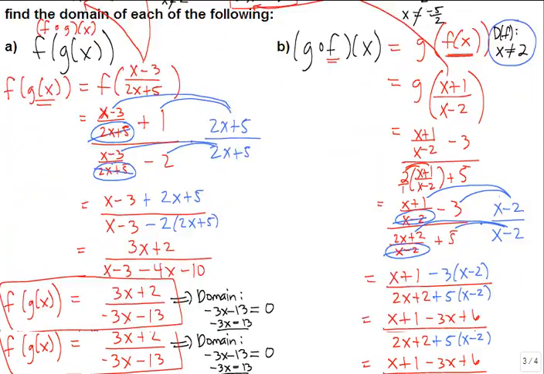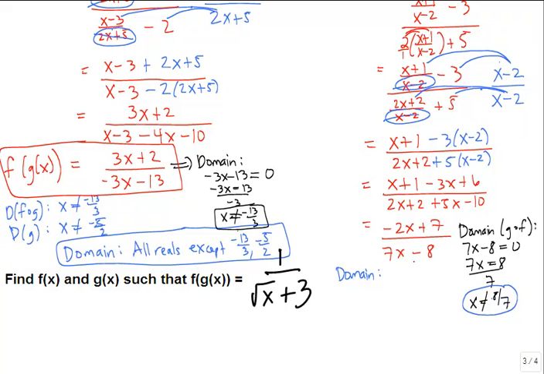So all that's going to imply is that our domain is all real numbers except both of those bad points: 8/7, and the other one was 2. Okay? So those two problems were almost identical.